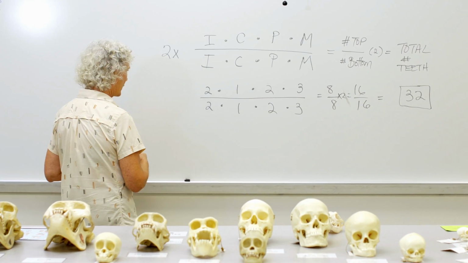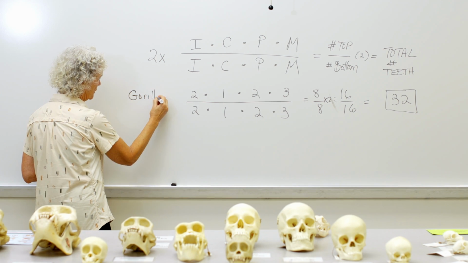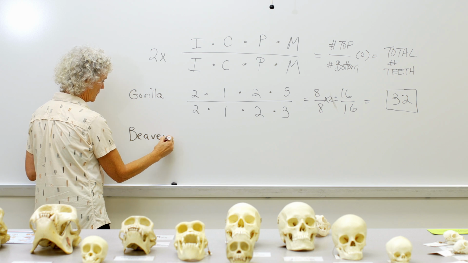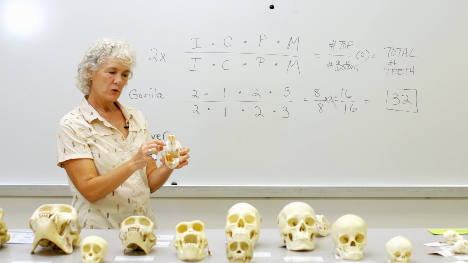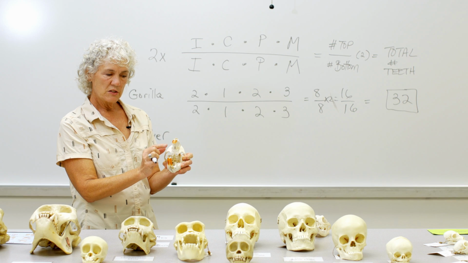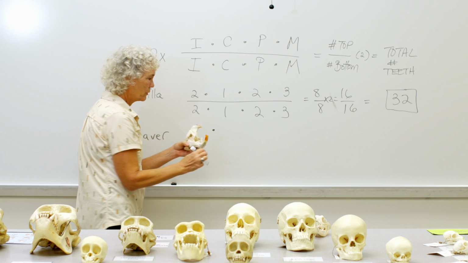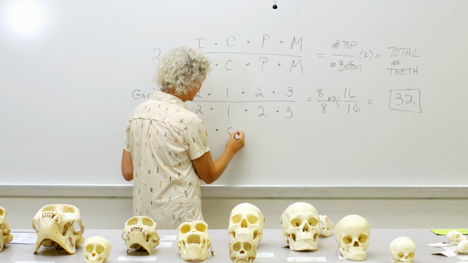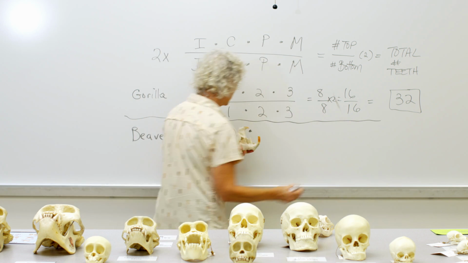All right? So this is gorilla. Beaver. So just looking at this, there's 2 incisors, right? So half of that would be 1. Remember, there are no canines. That's what we went over before. I should write a line here because it's hard to tell.